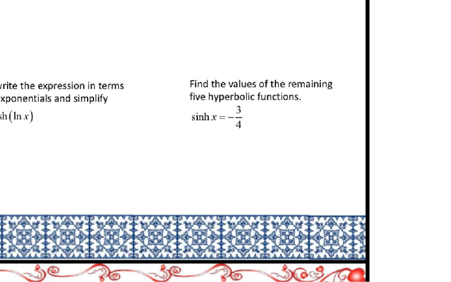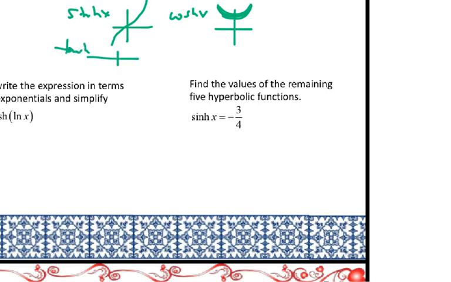So the graph for sinh looks like this. The graph for cosh looks like that. Looks kind of like a parabola. The graph for tanh looks like this, and that goes through the origin.